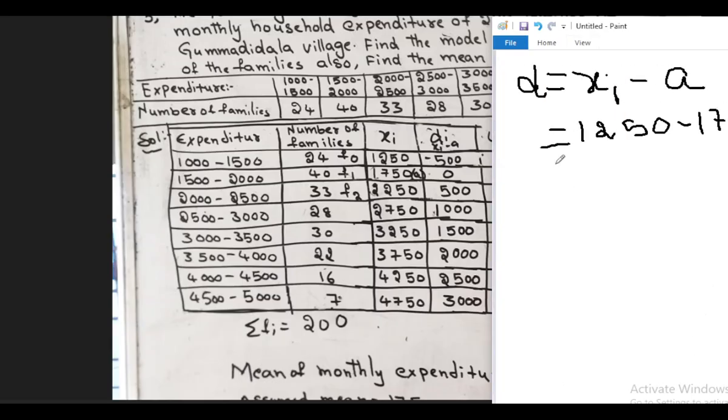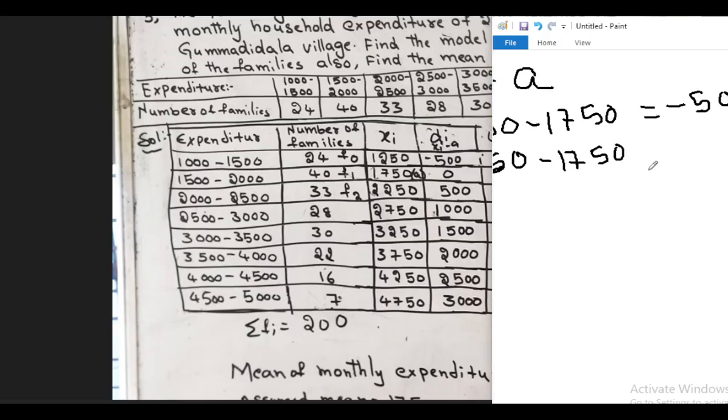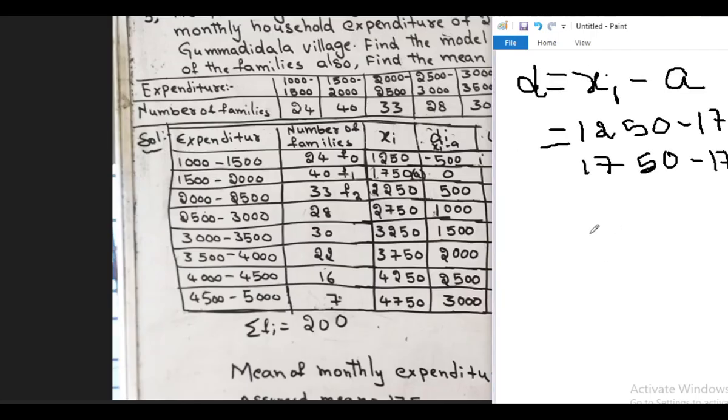Then for the next class, from the second class midpoint, that is 1750, if we subtract 1750, we will get the deviation as 0.